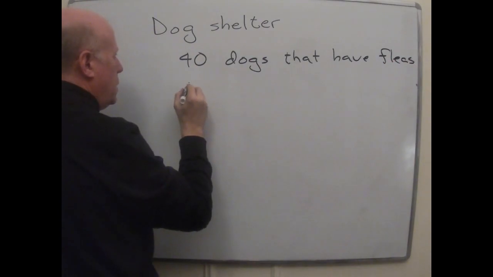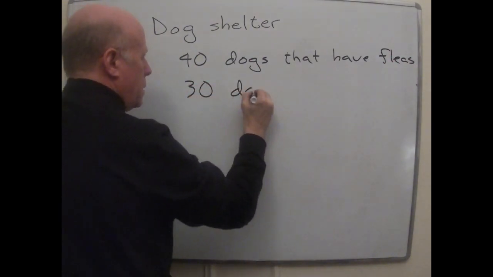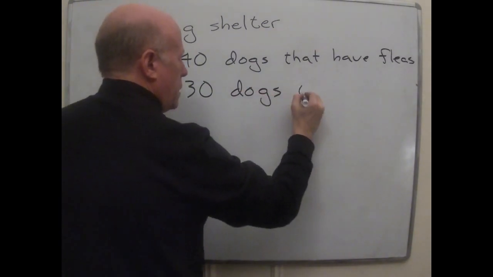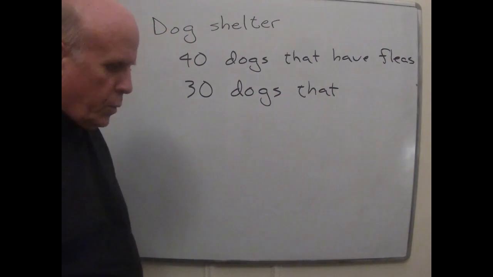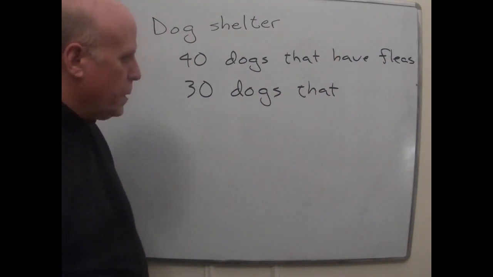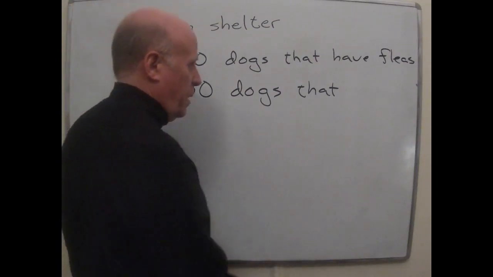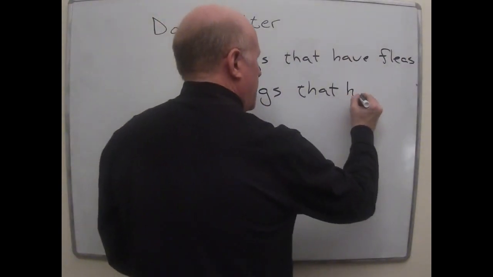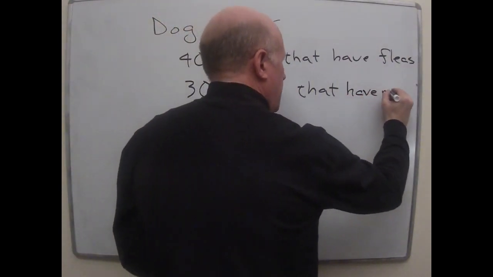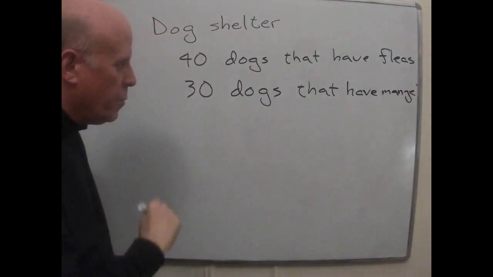And there are 30 dogs that, what else can be wrong with the dog so that we wouldn't want to send him out to be adopted? Behavior problems, I guess. No, I don't want to talk about dogs with bad behavior. How about they have mange? That's a terrible skin disease that some dogs get. We would never have 30 of them with it, but whatever.